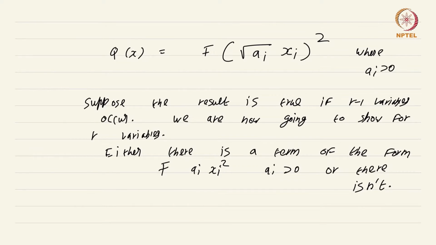Now if plus or minus ai xi squared occurs, then we can do a very simple completing the squares, just like what we did before. What we do is we write Q of x as plus or minus ai xi squared plus xi L of x plus some q1 of x.